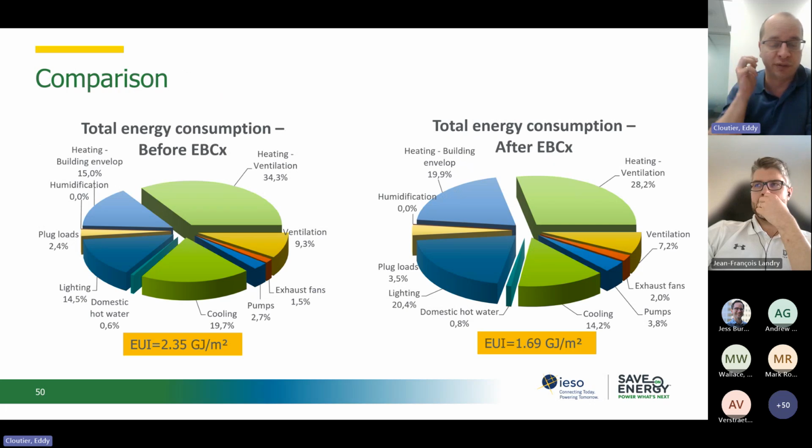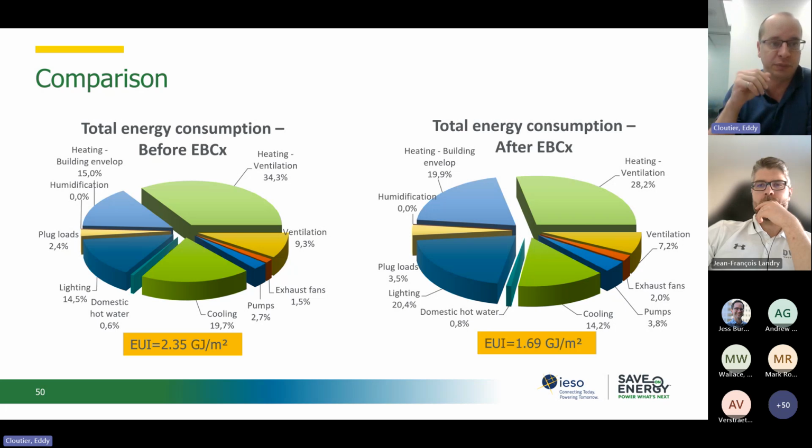So usually when we present the final report of investigation, the energy saving calculation will be presented as a whole and also measure by measure. We will be able to present to the client a comparison of energy consumption before and after the EBCx project.